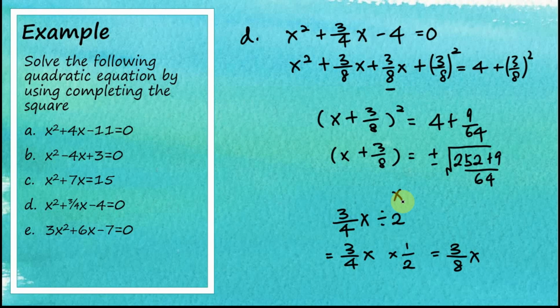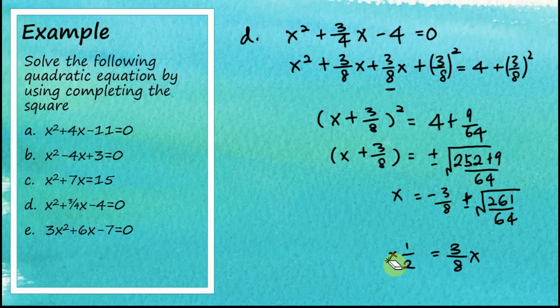And therefore my x is equal to, I shift this positive 3/8 to the right, it becomes negative 3/8, and then positive negative square root of 265/64, and this is the answer. Let me erase this so that we can see it easily. Okay, so this is how we solve the questions that have fractions as the coefficients of x.